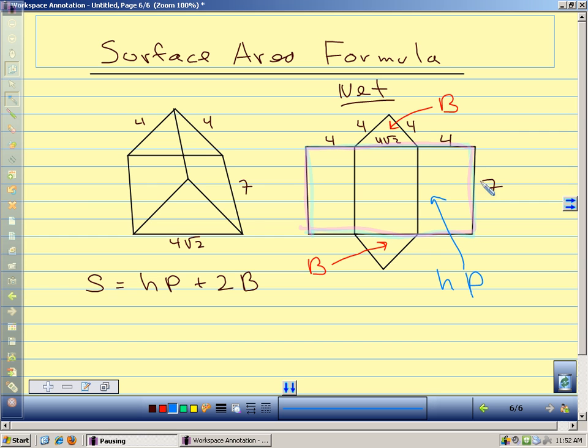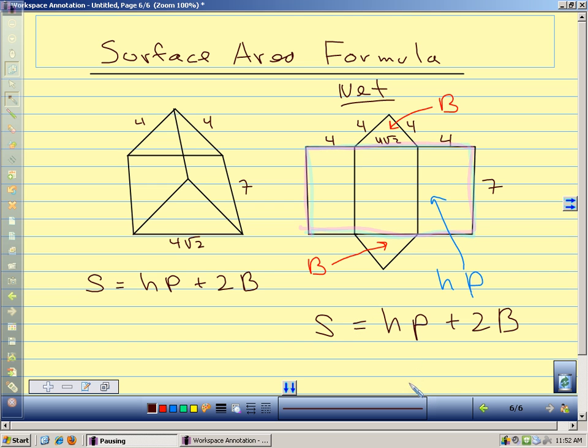Here's the height of my prism, and this is the perimeter of the base. So my surface area here on this net is the area of this rectangle plus the area of 2 of the triangles, 2 of the bases. So that's why that formula looks the way it does. If we make a net and add up all the areas of all the pieces, that's how we get this formula.